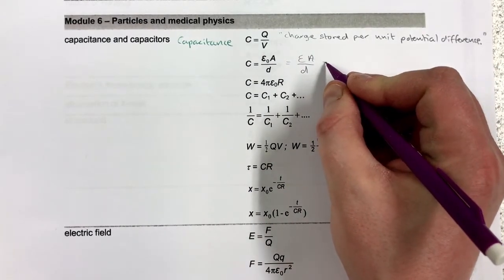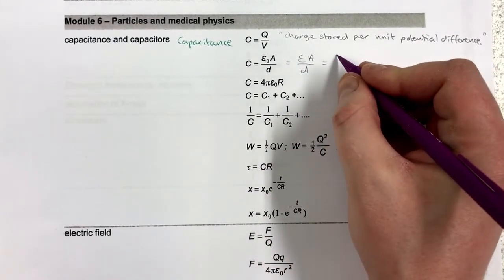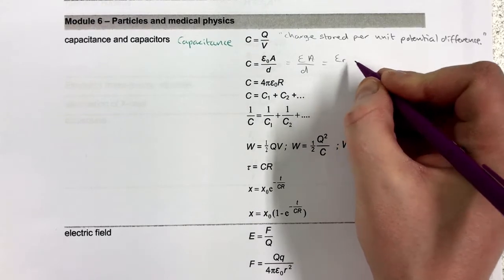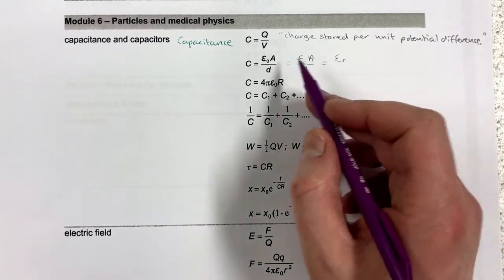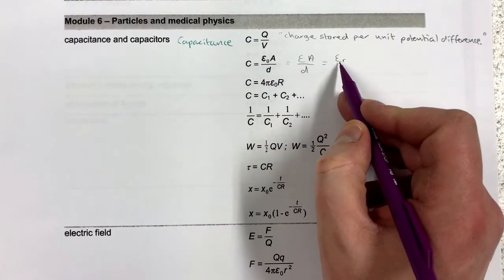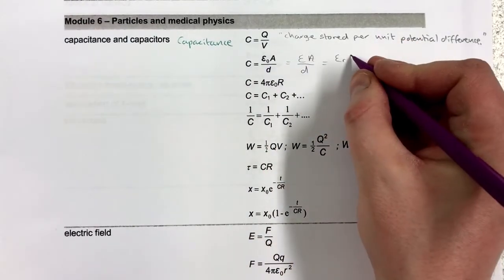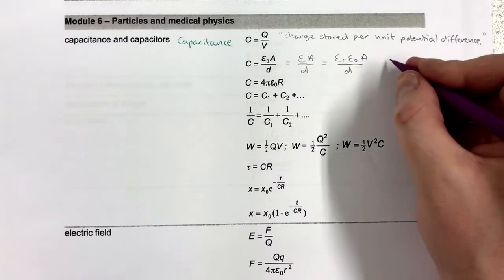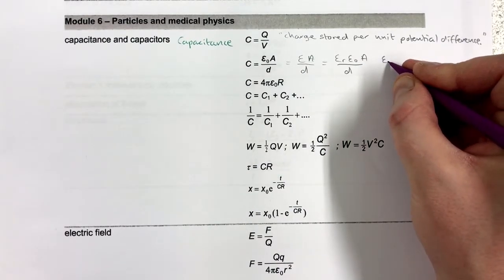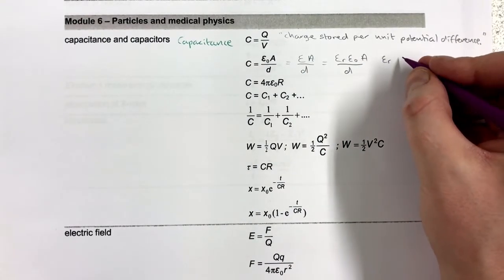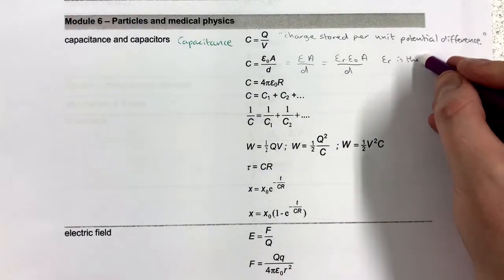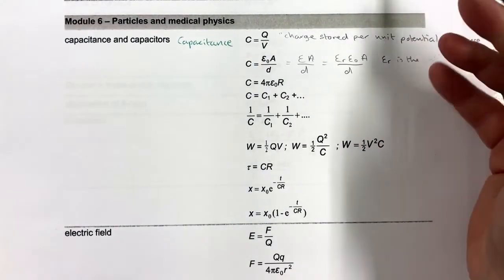Or they might give you a relative permittivity, which means it's usually communicated with reference to the permittivity of free space. If this was a relative permittivity of 2, that just means 2 times the permittivity of free space. Just a little note here about permittivity, lowercase r is the relative permittivity.